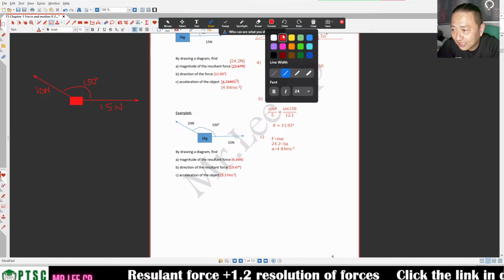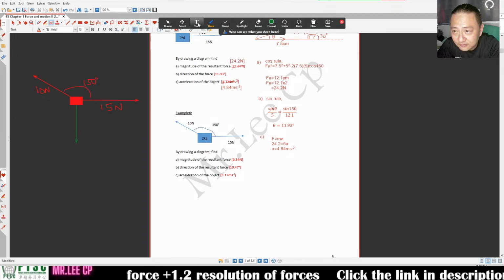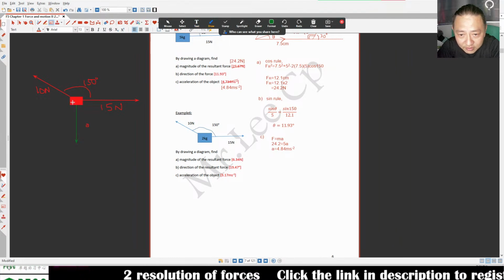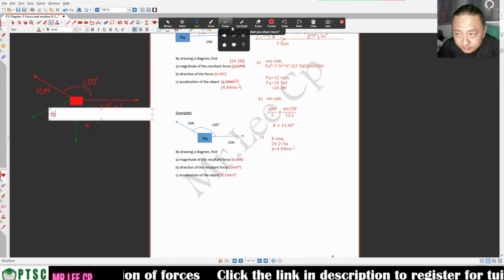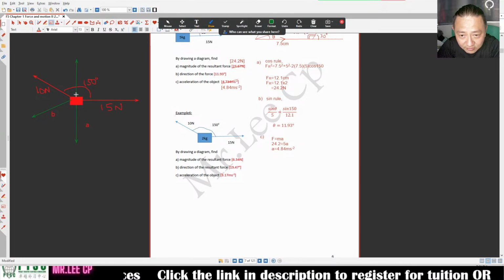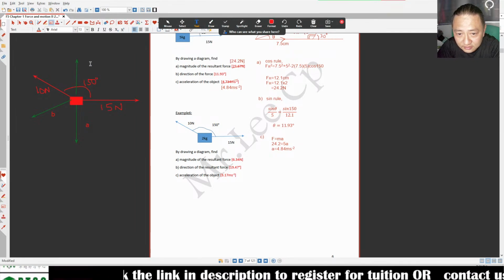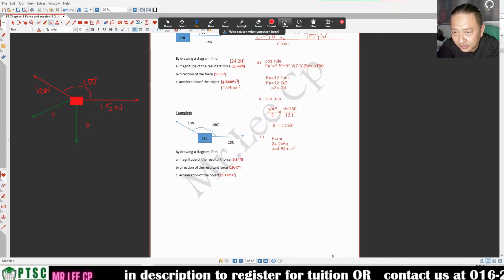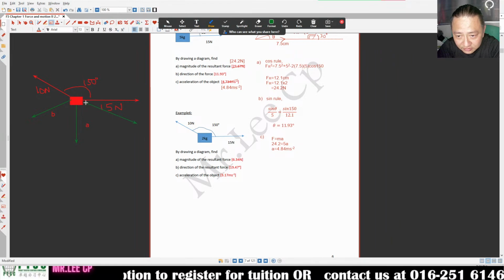Alright, I use other color. A, it will come into this direction. B, it will come into this direction. I will say C, it will come into this direction.